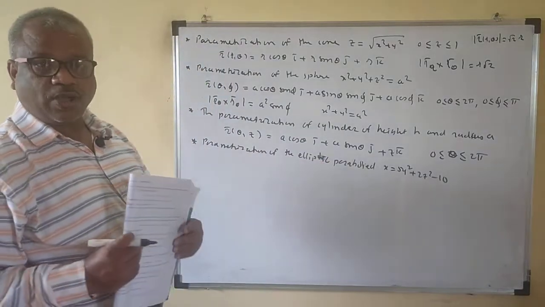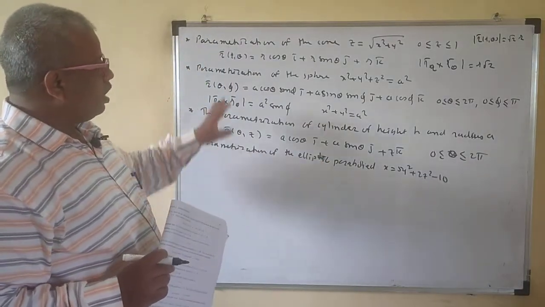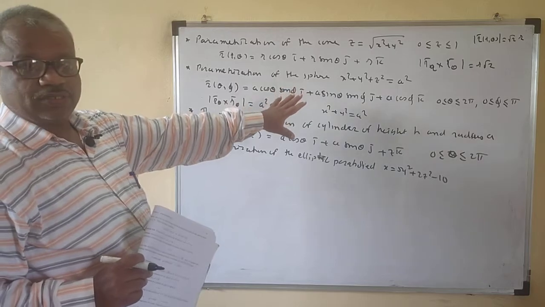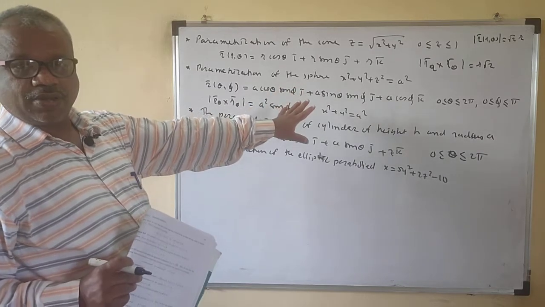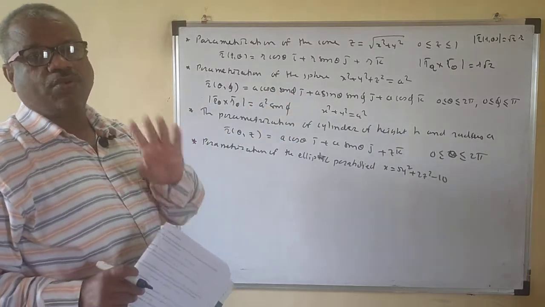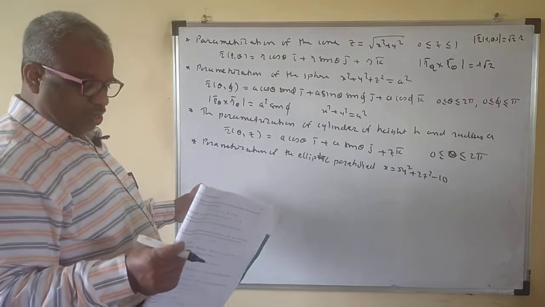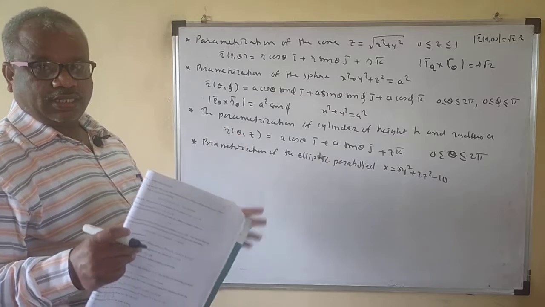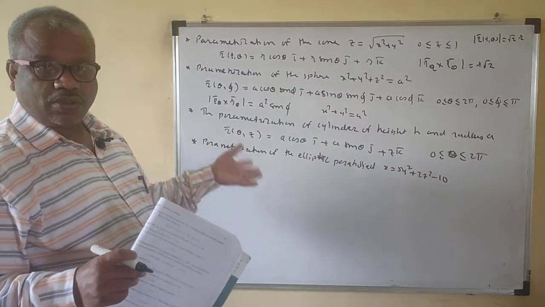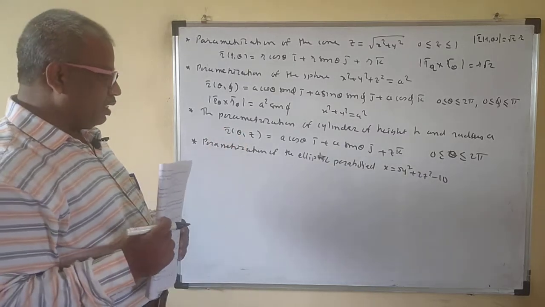So x is a function of y and z. This is in 3 dimensions, so these are the 3 variables. We have to convert it into 2 variables, because surface area is a double integral. That is our aim.